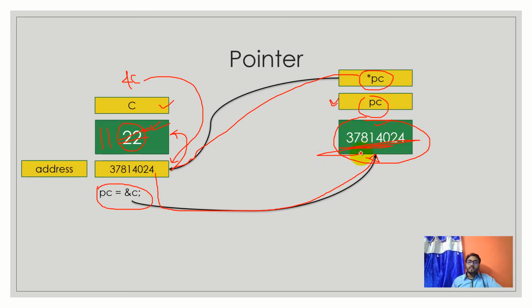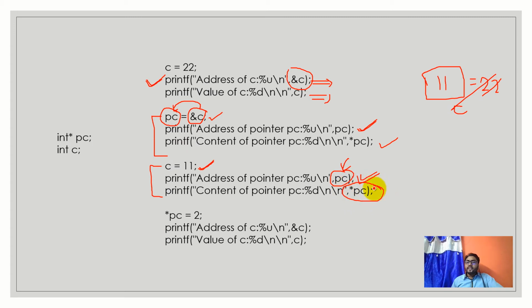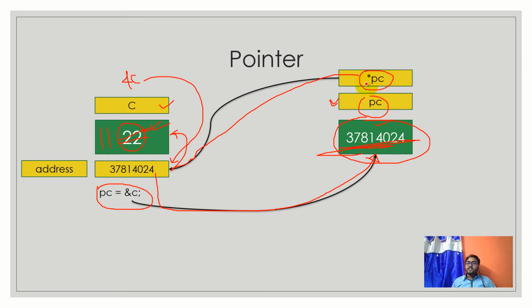And again, if we print *pc, this time *pc will give the value 11, because *pc will go to this address, and inside this address it will find the value of that variable. This time the variable is containing 11, so *pc now prints 11.